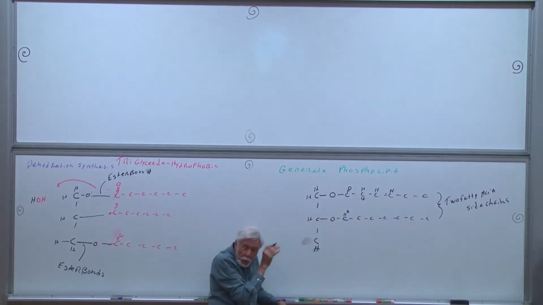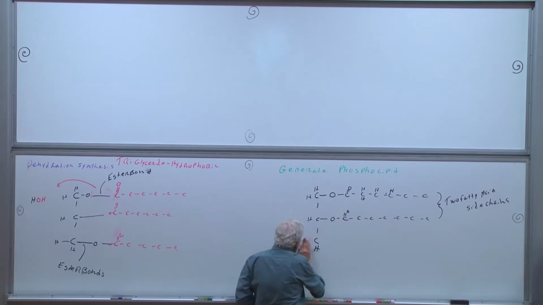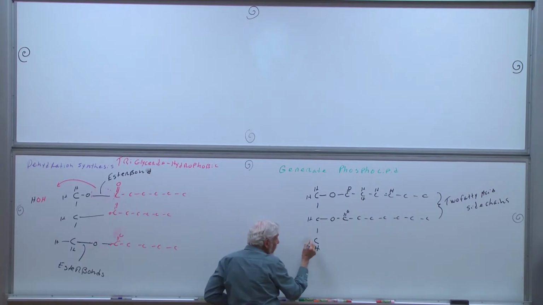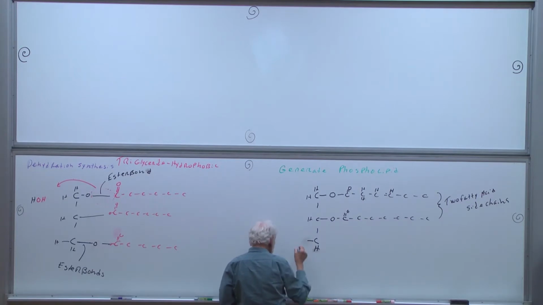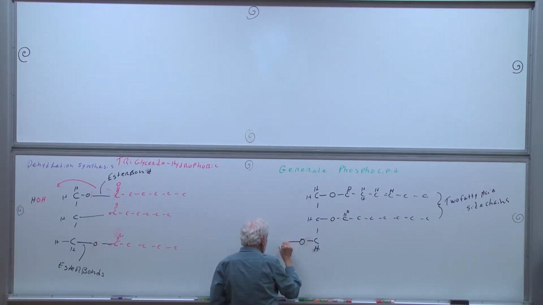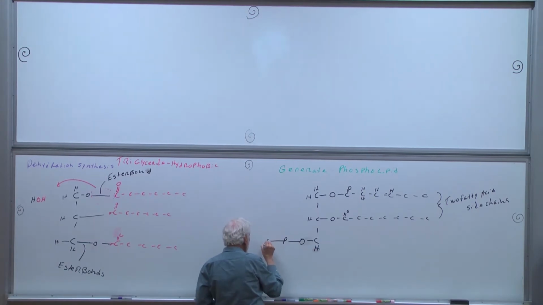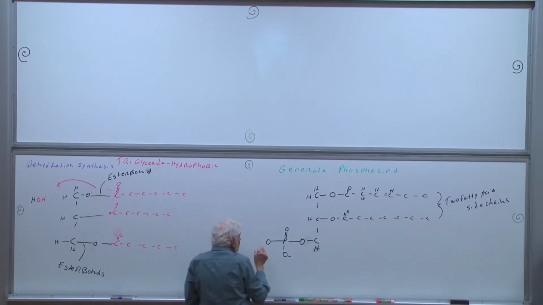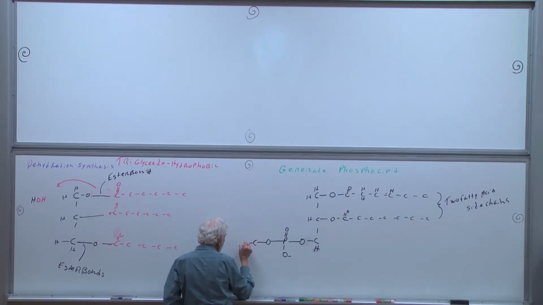But on this number 3 carbon, on the third carbon, we're going to change the structure just a little bit. Now, rather than having an ester bond to a great long chain of carbons, we're going to take this carbon and link it through an oxygen to a phosphorus to an oxygen. And this double bonded oxygen up here in the phosphorus and a single bonded oxygen that's negatively charged down there. Then this oxygen is going to be linked to 2 carbons normally.